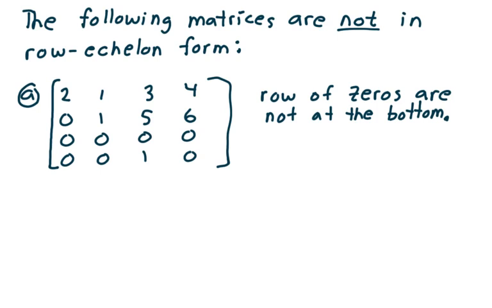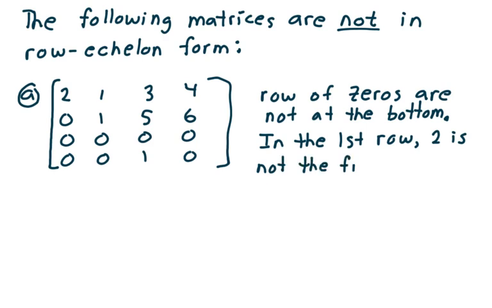Also, in the first row, 2 is not the first non-zero entry being a 1.